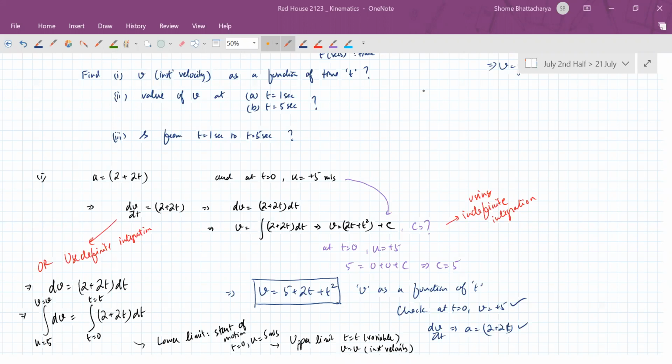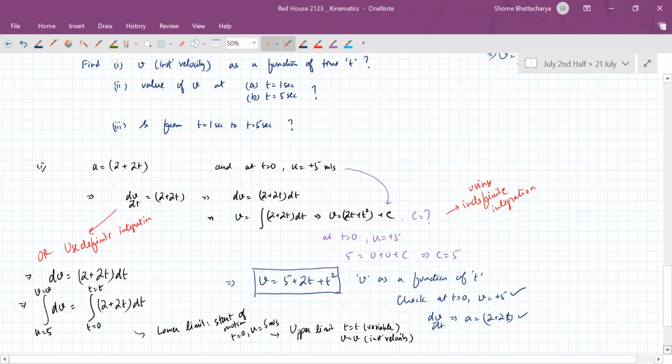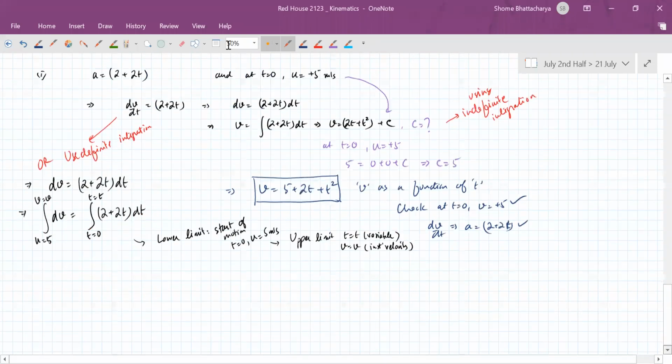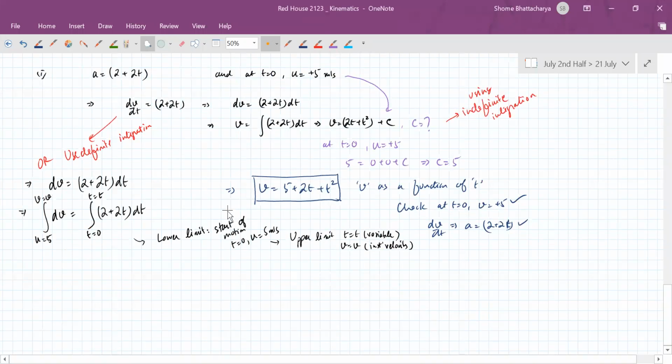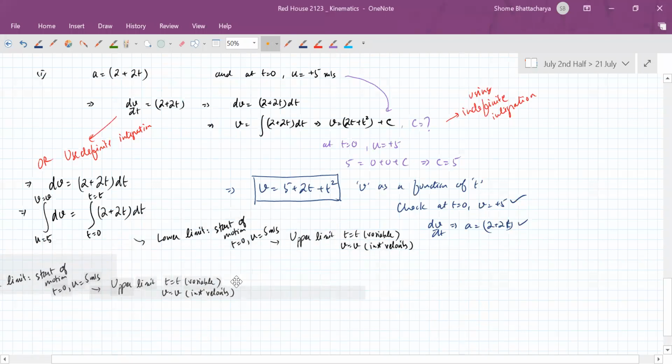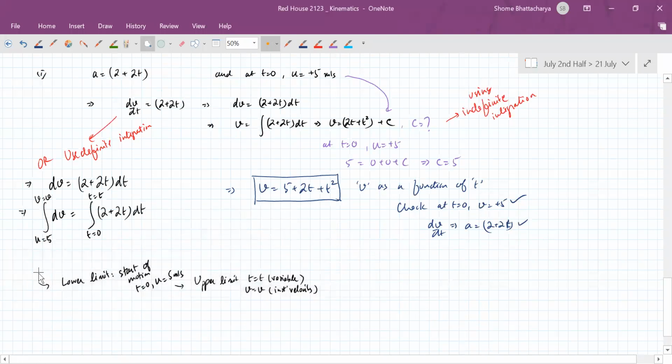Okay, so anyhow, let's now look at this definite integration method also. In this, on the left hand side we have dv, but the limits are from 5 to the unknown velocity v.